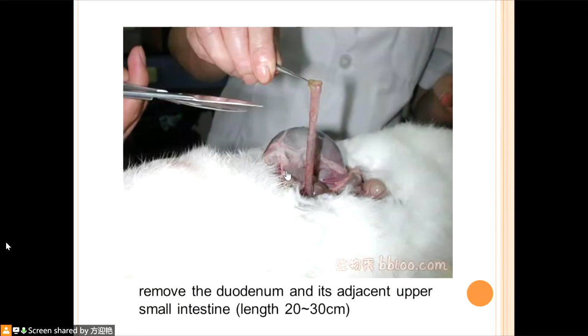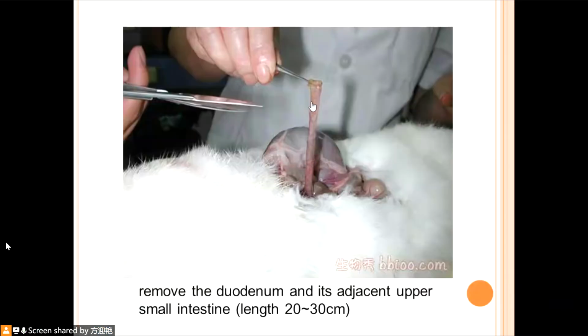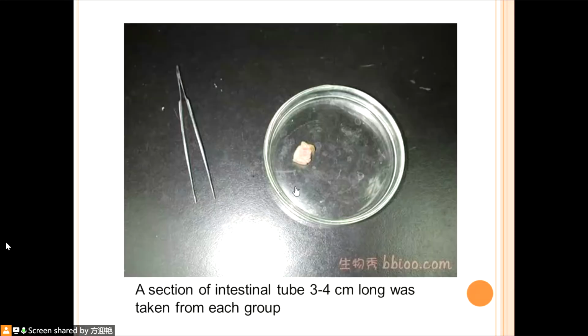Here we remove the duodenum and cut it, and we should put it in the Tyrode's solution.